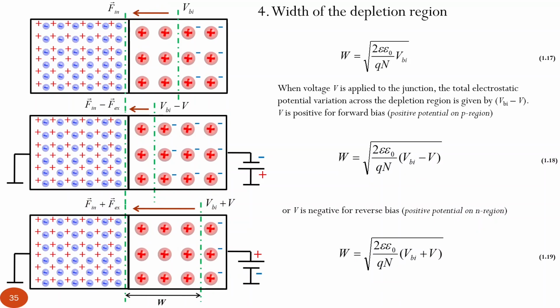Now let's consider what will happen when we switch the polarity. So we go to positive potential applied to the n-type semiconductor. In this case, external electric field will be oriented in the same direction as internal electric field.